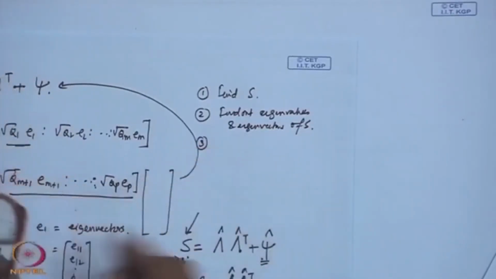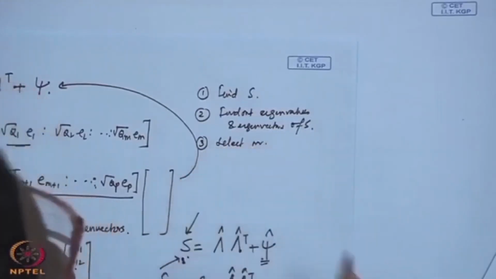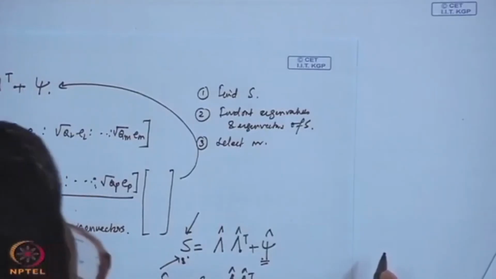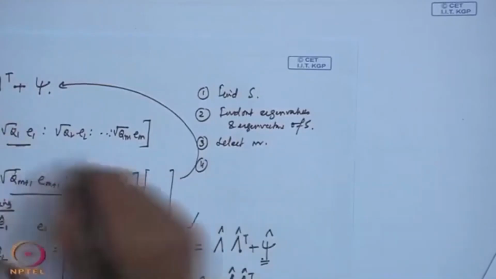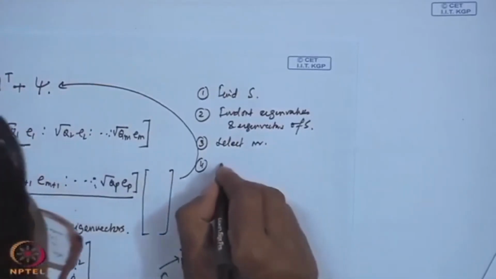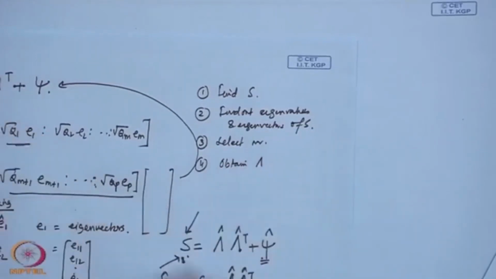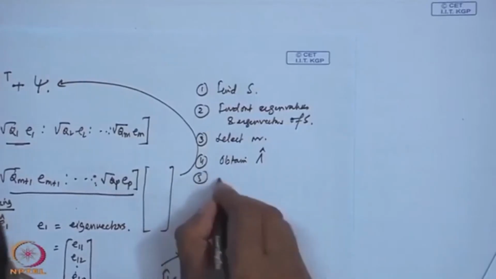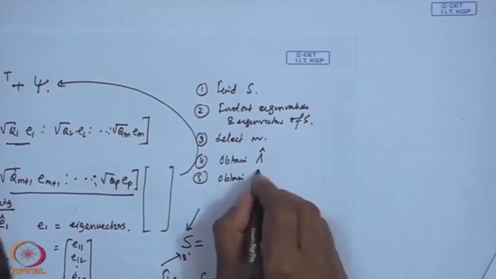Then the third one is you select m, and the fourth one is, once you select m, find the loading, that is obtain lambda cap. Then the fifth one is obtain psi cap.